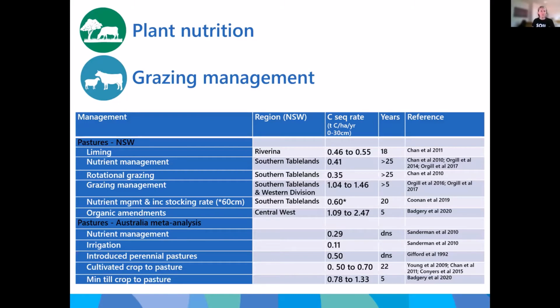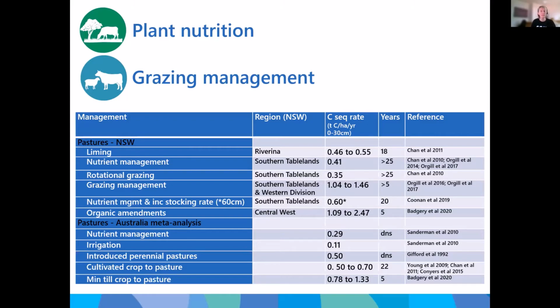So if we look at these sequestration rates, there's nothing spooky about anything that's on this slide. It's in published literature, and we can see that through some of these practices, we can achieve sequestration rates in our environment from between 0.1 tonne to 2.5 tonnes per hectare per year. So that's pretty exciting.